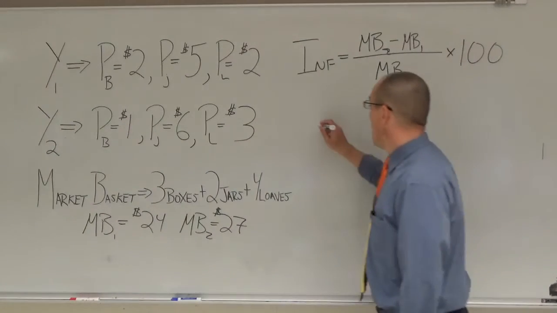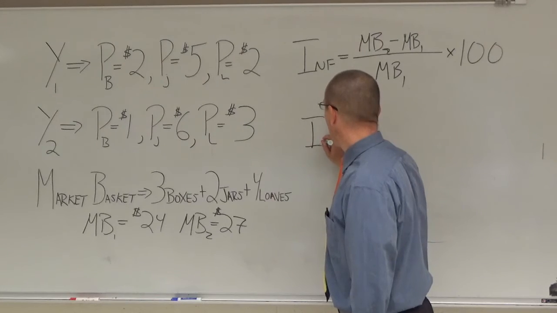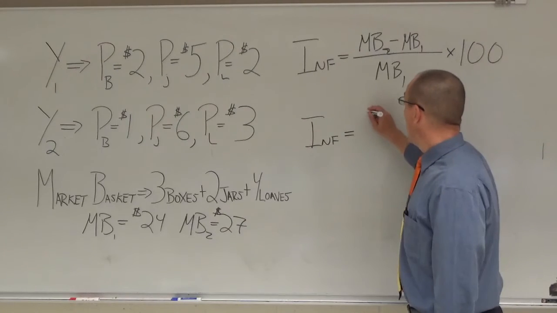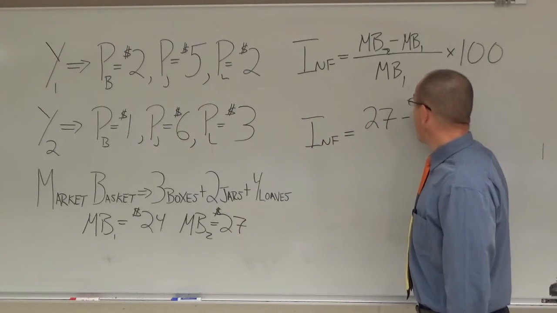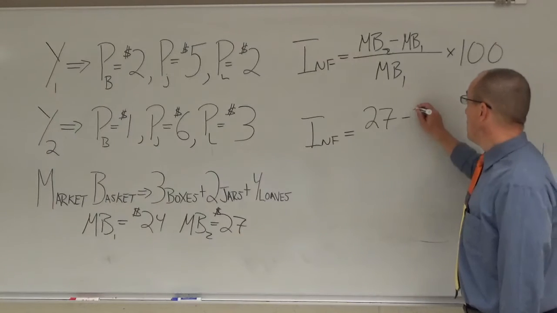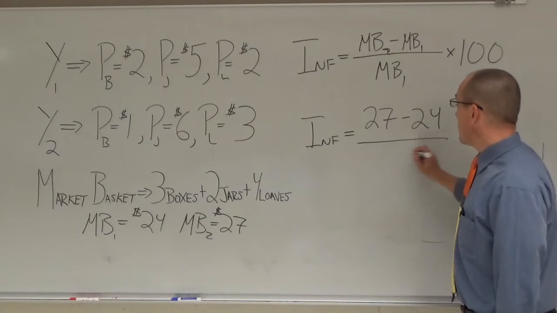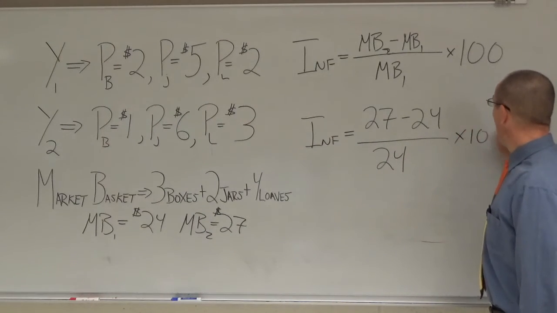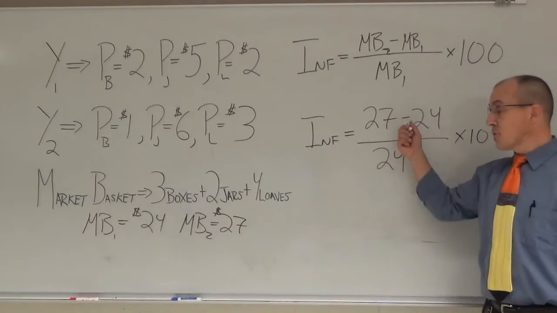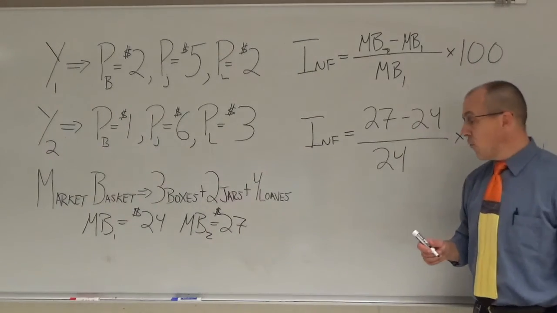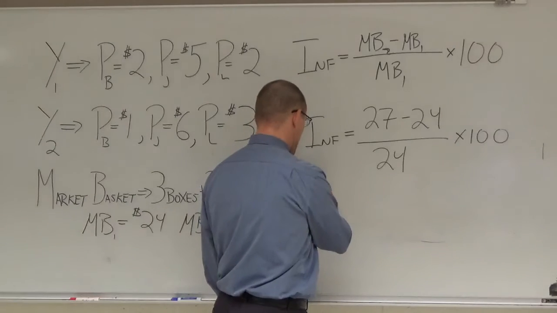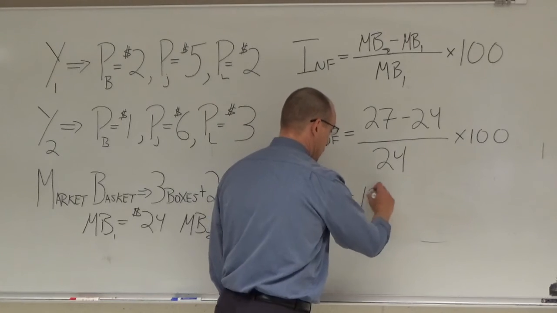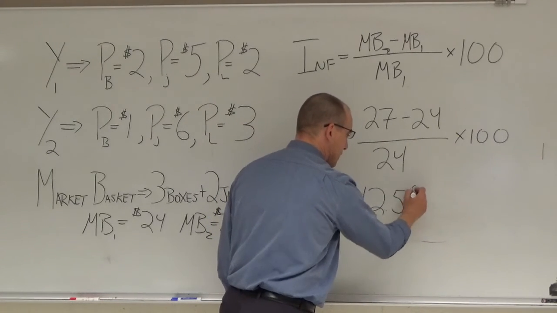So in this case, my rate of inflation is equal to market basket for year 2, 27, minus market basket for year 1, 24, all divided by 24 times 100. And if I do this out, I will have 3 divided by 24, which will give me a rate of inflation of 12.5%.